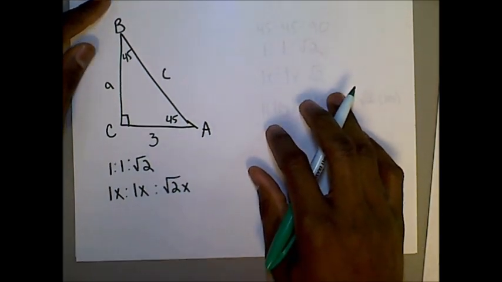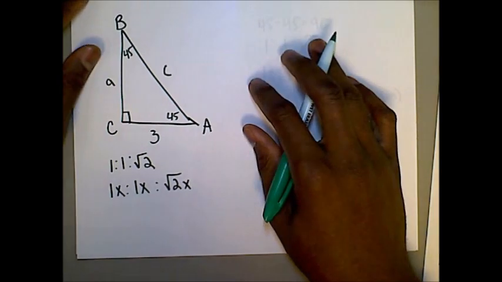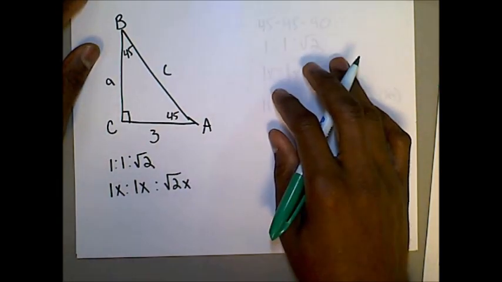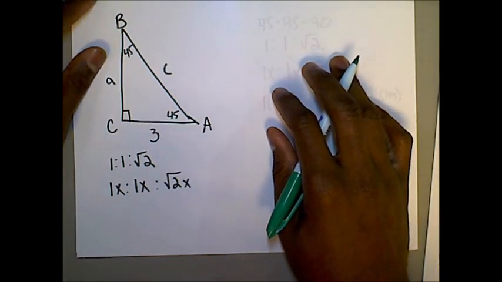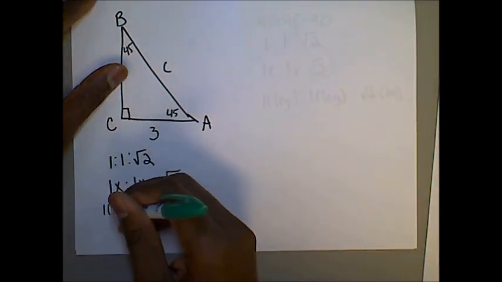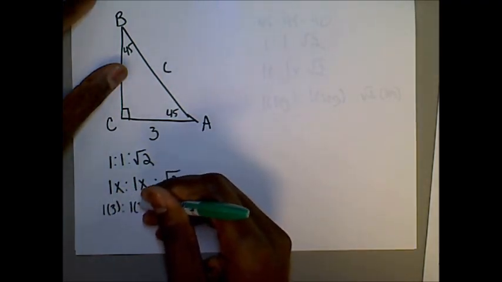I know that the value of CA is 3, and because opposite sides of congruent angles are congruent, I can rewrite this as 1 times 3, and another 1 times 3.